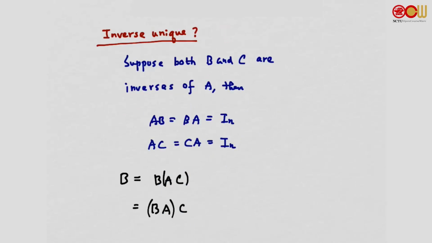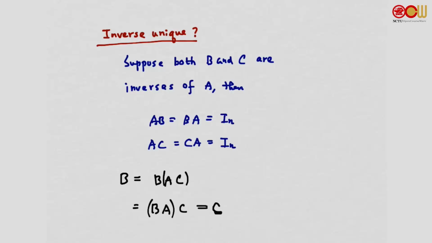Now instead of parentheses around AC, we can also put parentheses around BA first, by the associative property. And if we put BA first in the parentheses, then BA will be the identity matrix. So this is equal to the identity times C, we get the C matrix.